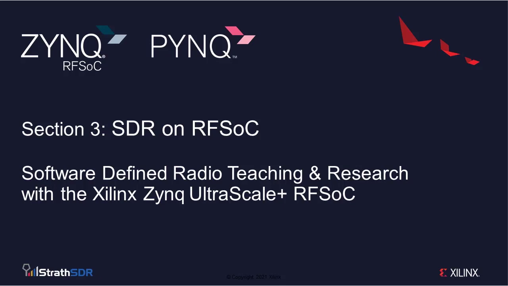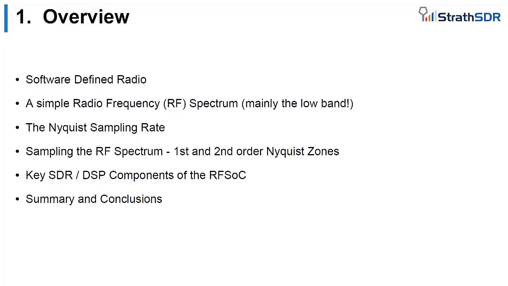So in this presentation we're going to talk about software-defined radio with the RFSOC. Just as an overview of what we'll discuss, we will of course remind ourselves just what we mean by software-defined radio. We'll take a look at the simple radio frequency spectrum, mainly what we might call the low and the mid bands below 4 GHz.